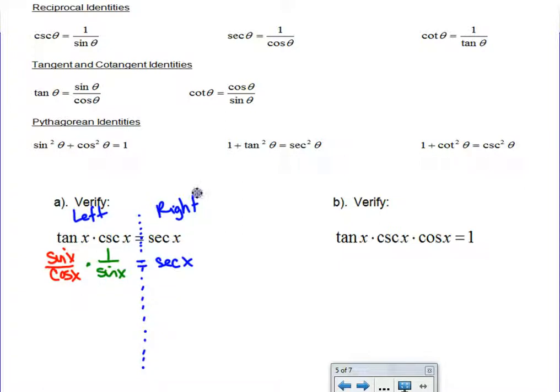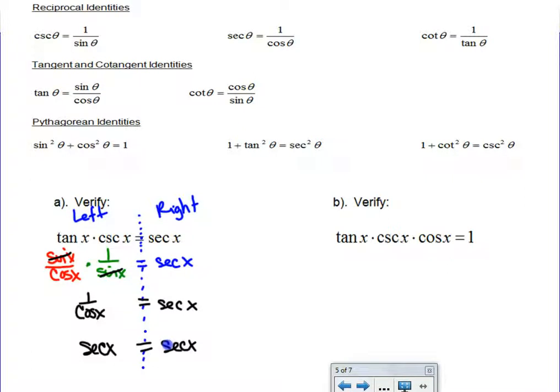Okay, now what cancels? Sine. And I know some of you go, done, secant equals secant. No. What's your next line look like? 1 over cosine should equal secant. Now what's your last line look like? Secant x equals secant x.